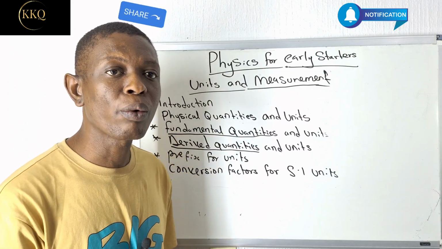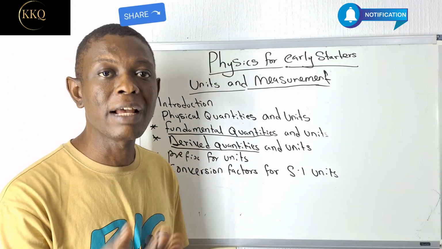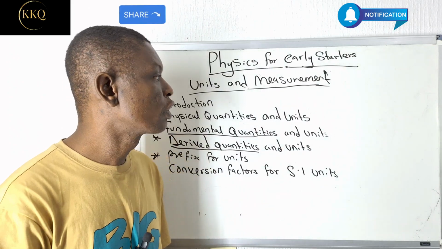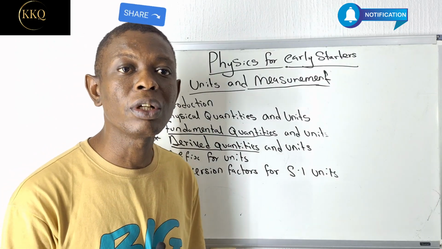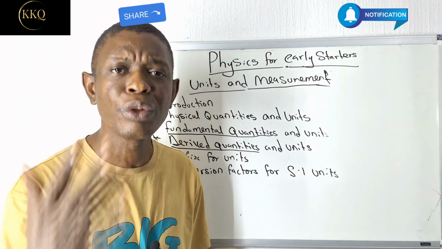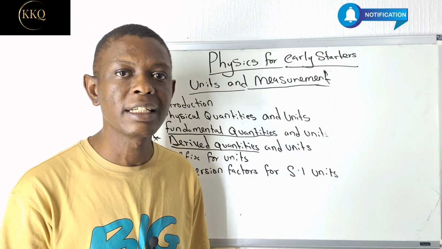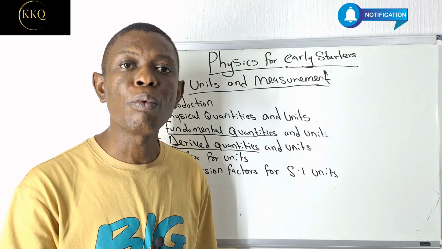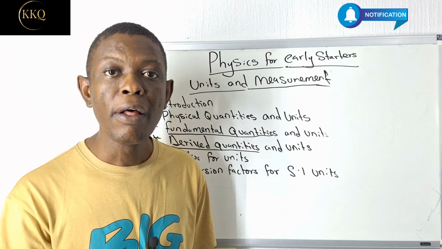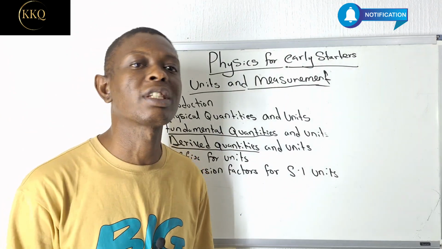And these fundamental quantities are 7 in number. So we will be listing the 7 fundamental quantities and their fundamental units. Remember, these fundamental units are also the basic units. They are the bedrock units from which other physical units are gotten.